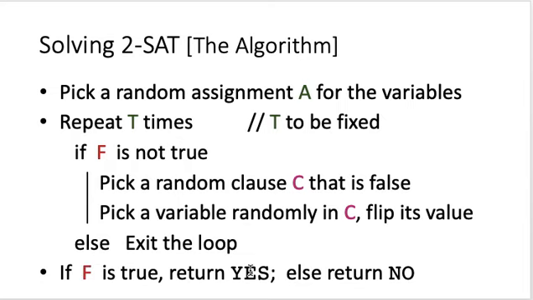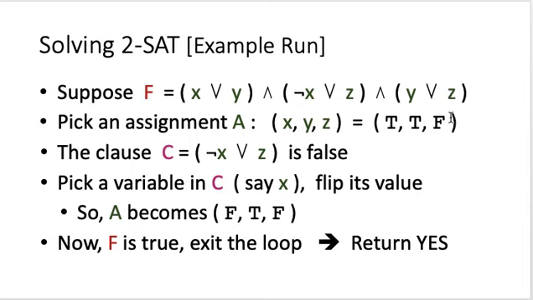So let's see an example run for this algorithm. Let's say the current formula f is equal to this one, and we pick a random assignment TTF for x, y, and z. In that case, we will see that for the middle clause, negation of x is false, and z is also false. So this is a false clause.